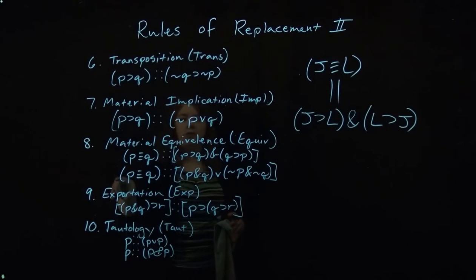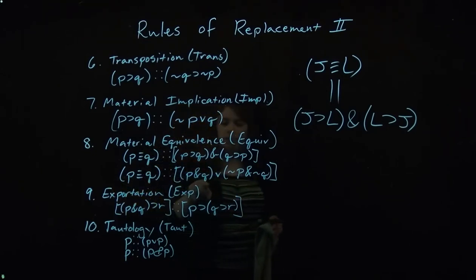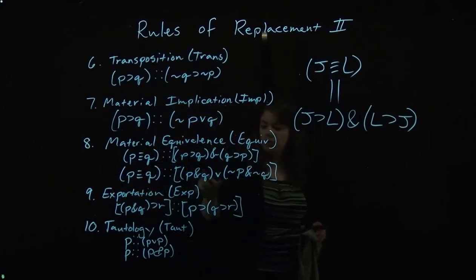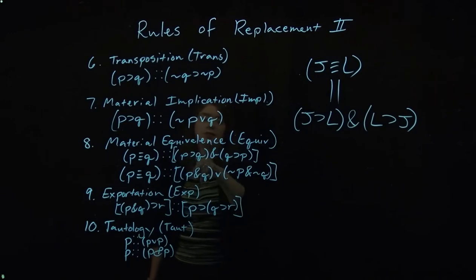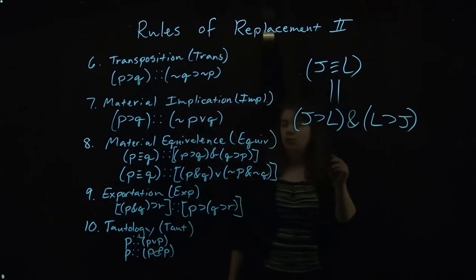Another way in which to use material equivalence is to convert it as the disjunction of two conjunctions with one of the conjuncts being negated. And this may not be as intuitive to see as the first way of doing this, but let me show you what's going on here.